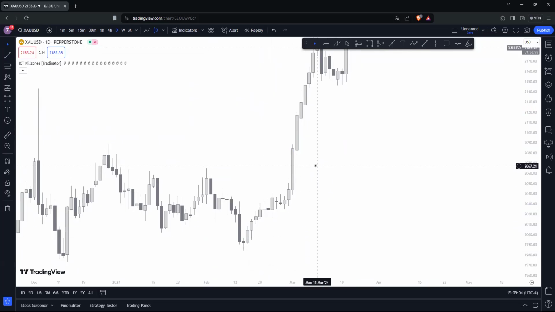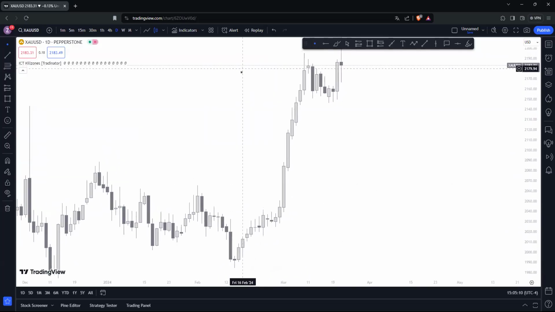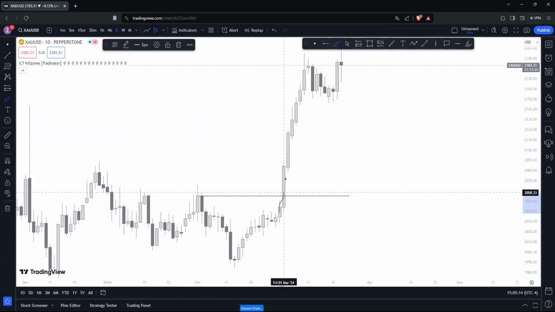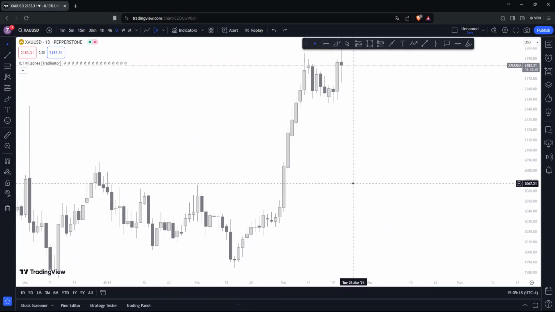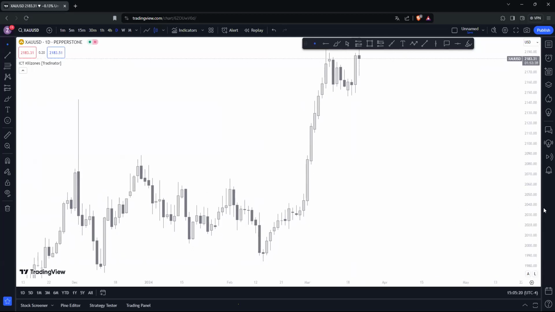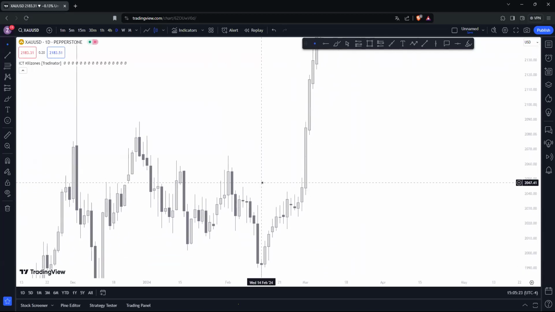The second and third types are the AMV. The fourth is the SBR and RBS. For example, you have an A level that gets broken. It was a resistance acting as a support again. This is the 4th level. And the 5th level, which I gave you homework for so you could fully master it, is the QM.